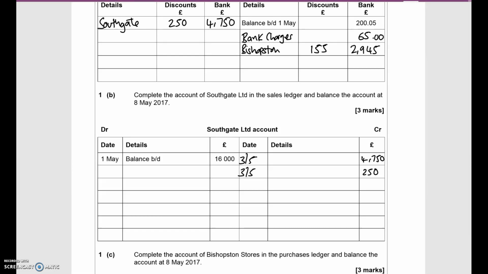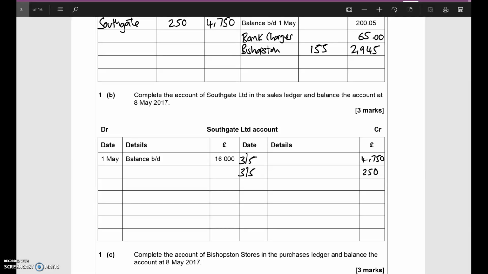So what do we put here as the narrative? This would say bank, because you have received that much money, and this would say discount allowed. It's really important that you put discount allowed and not just discount to get the full marks.